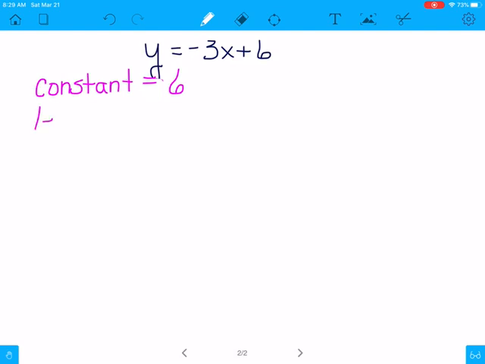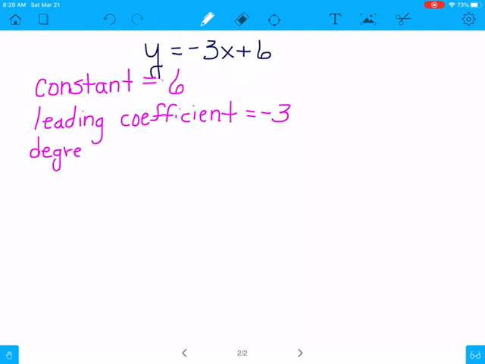The leading coefficient equals negative 3, because it's the number in front of the largest exponent. We know this is a degree 1, because the largest exponent is a 1, which makes this linear.